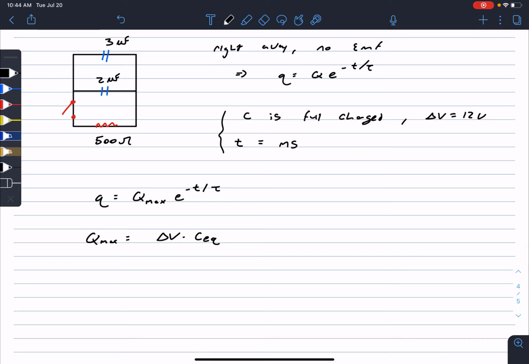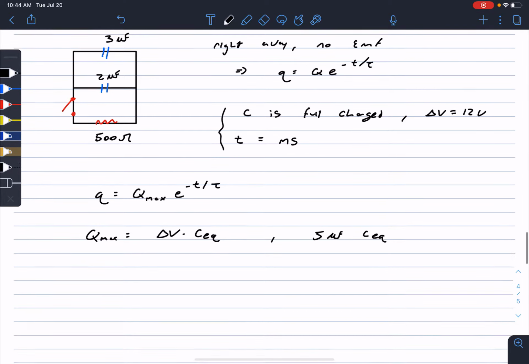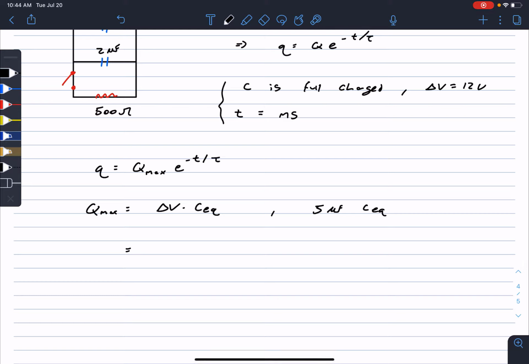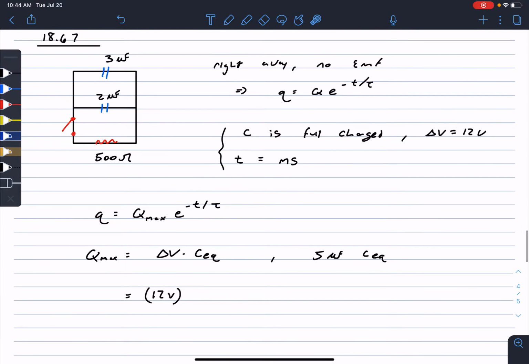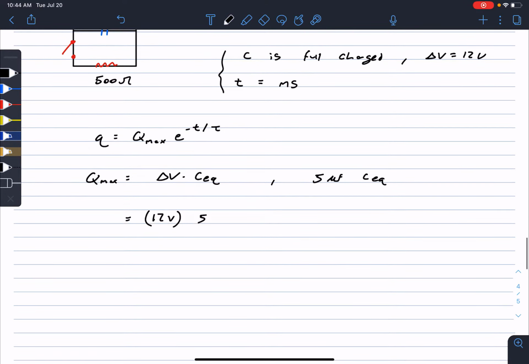So we have a 5 microfarad equivalent capacitance. Okay, we also had a 12-volt battery. This was the maximum charge, right? This was what we had before the switch is closed, before we start discharging. These are charged by a 12-volt battery, and the equivalent capacitance is 5 microfarads. So that gives us 60 microcoulombs.